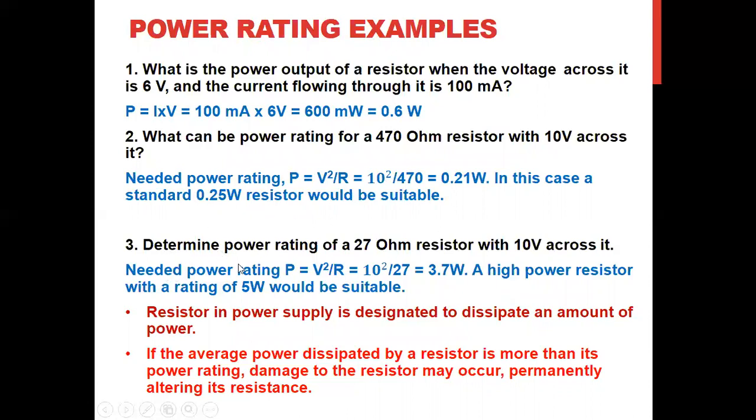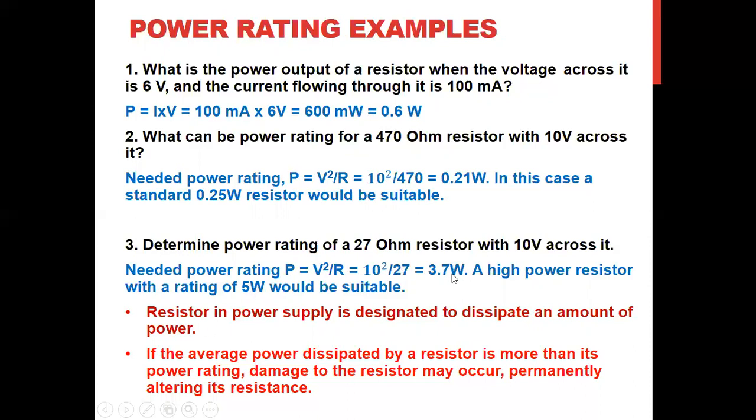Let us see another example: the power rating of a 27 ohm resistor with 10 volts across it. How can we determine it? Here also R and V are given, so we will use V square over R, which is 3.71. It's a little bit high, so it can be written as an integer value. 4 would be very close, so the next value is 5. 6 would be again very high.